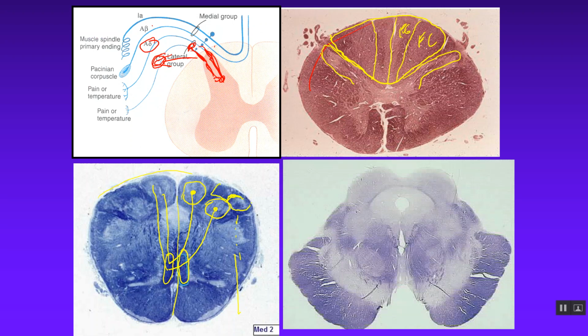This area back here is your fasciculus cuneatus. This little region back here is your fasciculus gracilis. So the axons are going to project up from the spinal cord and communicate with the cell bodies located in the nucleus cuneatus and gracilis. And those fibers are going to come over here and cross over, and then they're going to go straight up the brain stem all the way up.